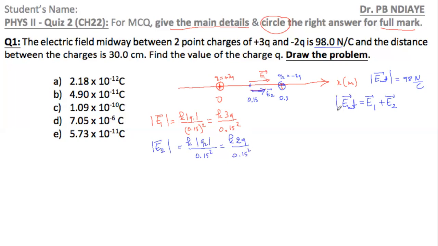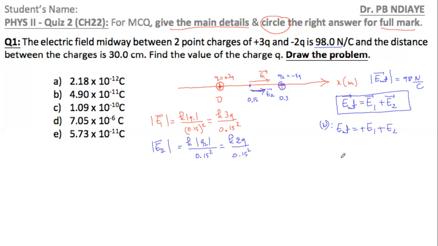So if I want the net electric field, I have to add these two vectors. Let me project this along X. The net electric field, E net along X: both E1 and E2 are pointing in the same direction. So it would be plus magnitude of E1 plus magnitude of E2.